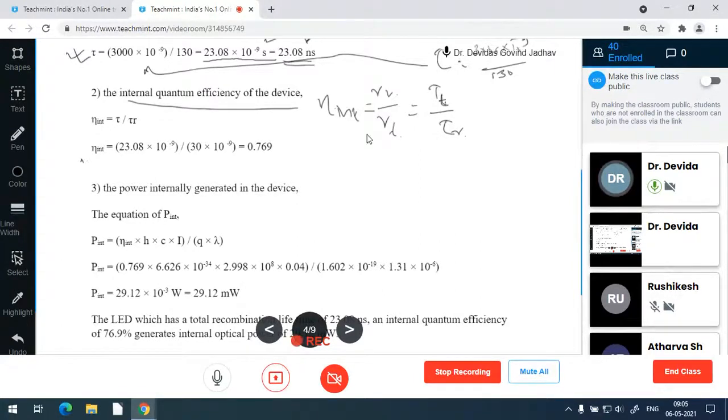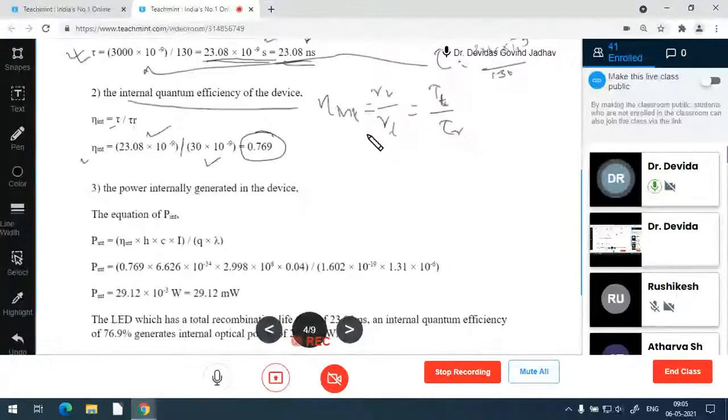So eta internal: the total time we have calculated, 23.08 into 10 raised to minus 9, goes into the numerator, and tau r, the given radiative recombination time, is 30 into 10 raised to minus 9. So 23.08 into 10 raised to minus 9 divided by 30 into 10 raised to minus 9 comes as 0.769.